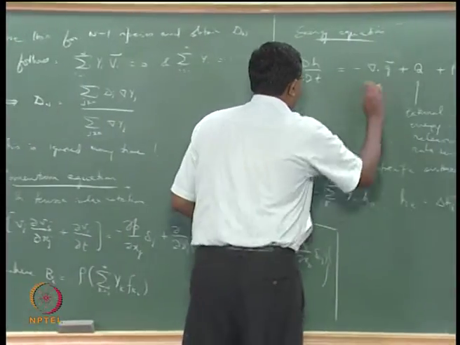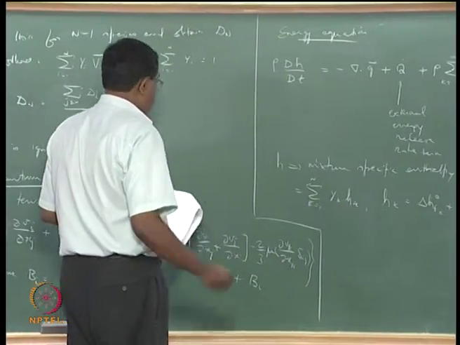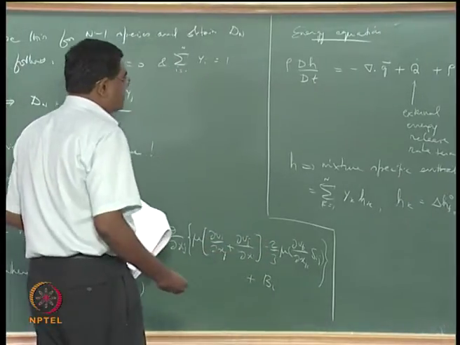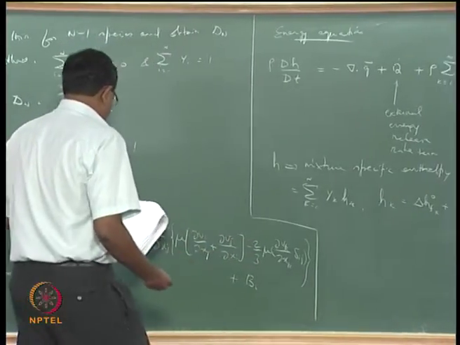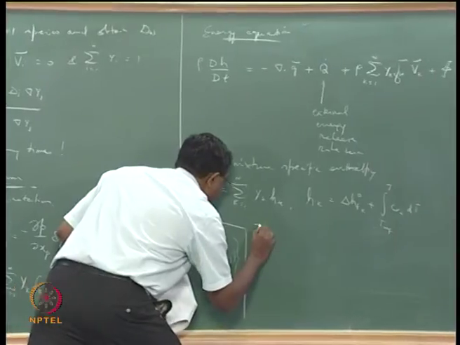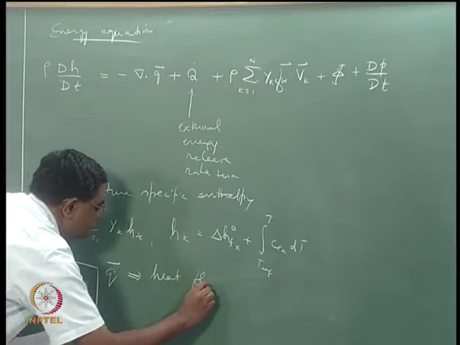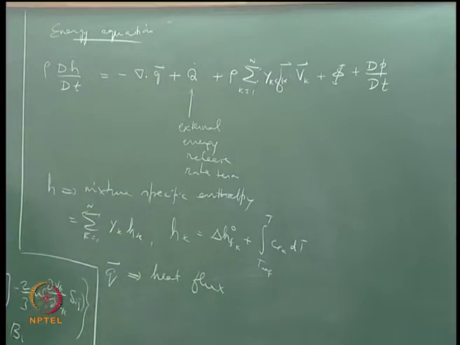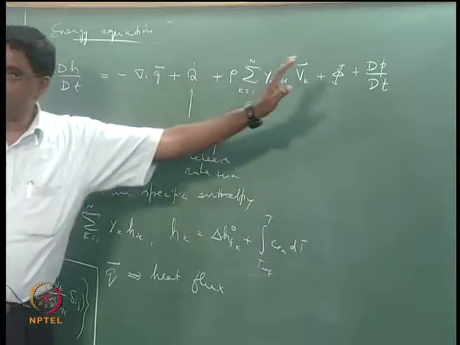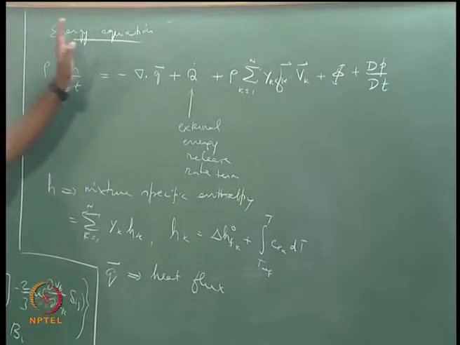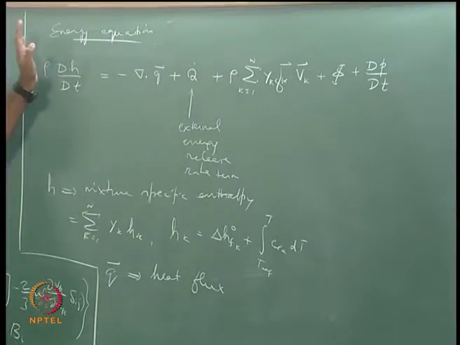Let's look at grad Q, divergence Q, or what's Q first of all. I told you it's coming from the surface. So this is heat flux. This is an energy rate equation, so whatever we are writing here is per unit time.